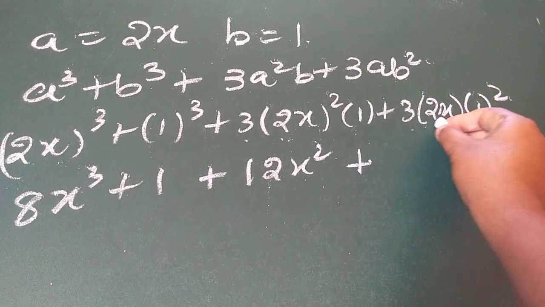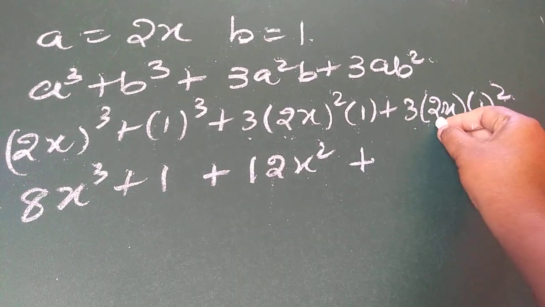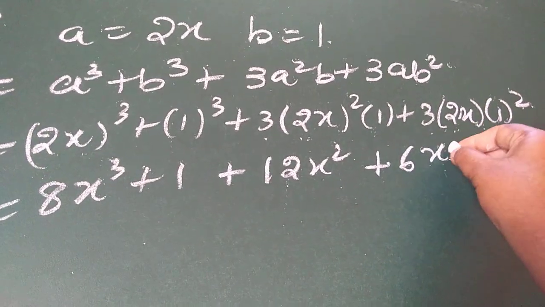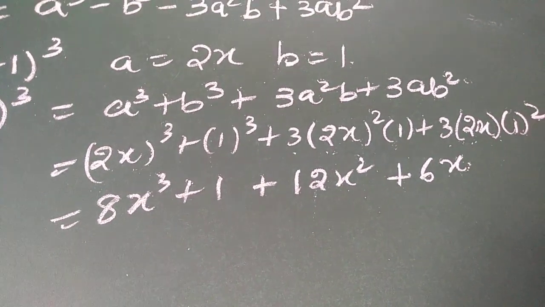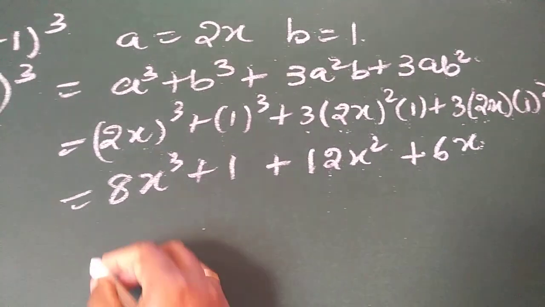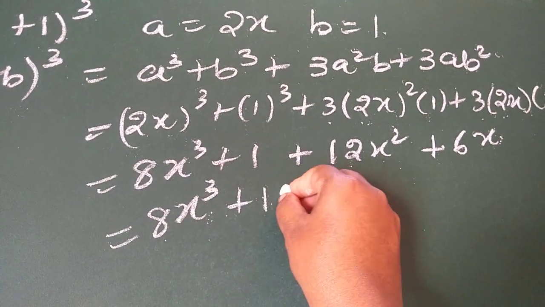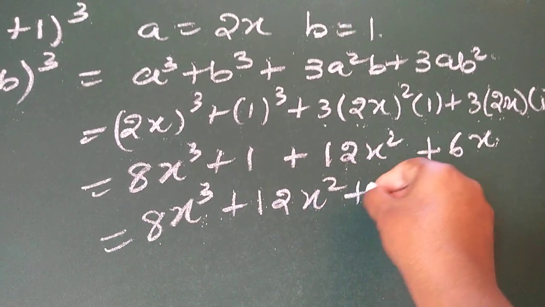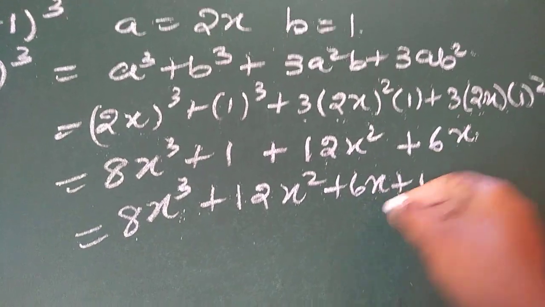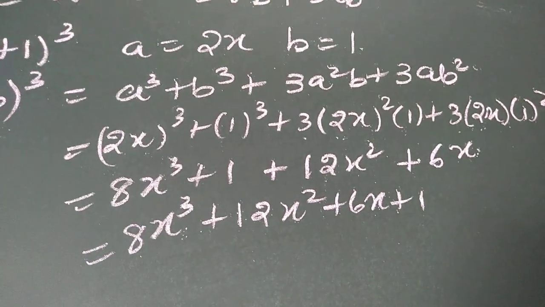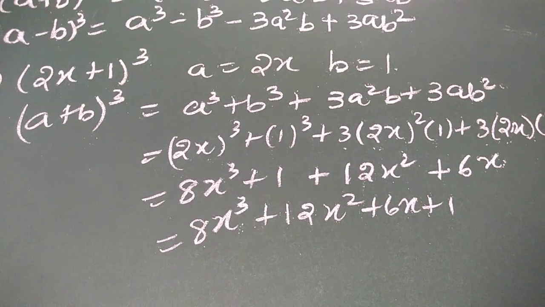Next plus 3 2s are 6, 1 square is 1, so 6x as it is. Now this is the solution for your next answer, but I will write in the standard form. 8x cube plus 12x square plus 6x plus 1, decreasing order of the degree. Okay children.